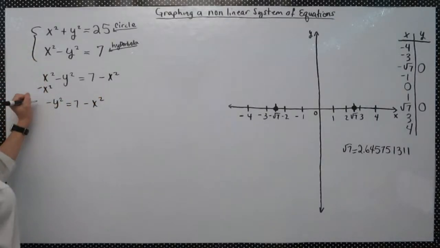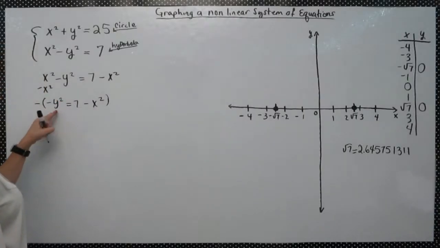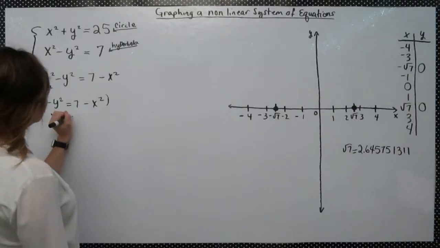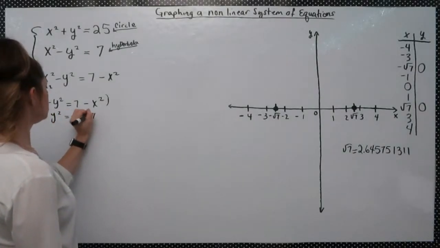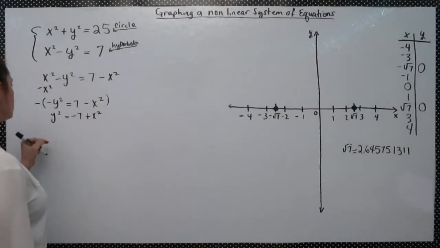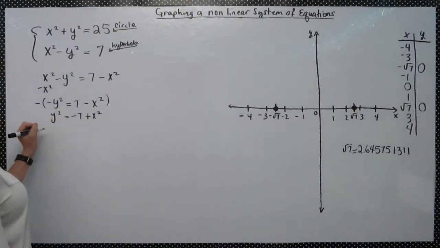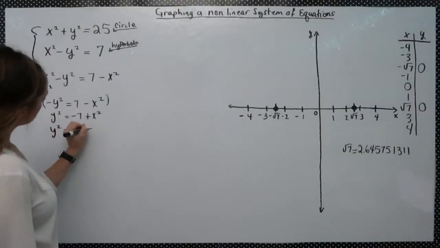And then I'll multiply everything by a negative to make y positive. So that's going to be y squared equals negative 7 plus x squared. And then we'll just switch orders with those terms. So that's y squared equals x squared minus 7.